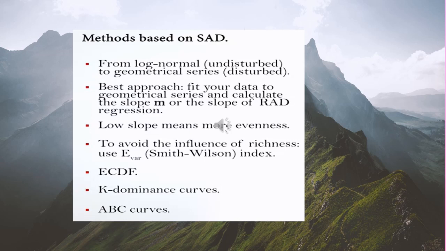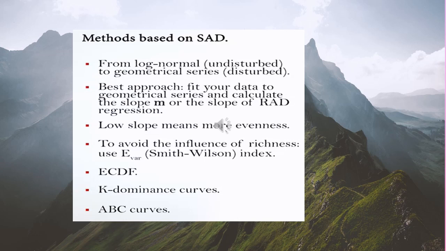The best approach is to fit our data to a geometric series and then calculate the slope m, or the slope of the rank abundance distribution regression. In this way, we analyze whether the site is very disturbed or completely undisturbed by comparing the slope of the regression of the RAD. A low slope means that there is more evenness, and so the site that we are analyzing is undisturbed.